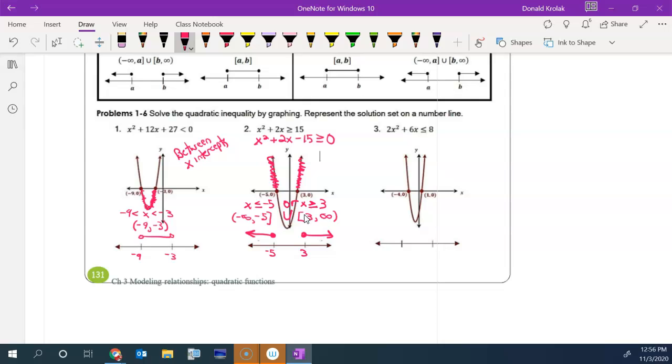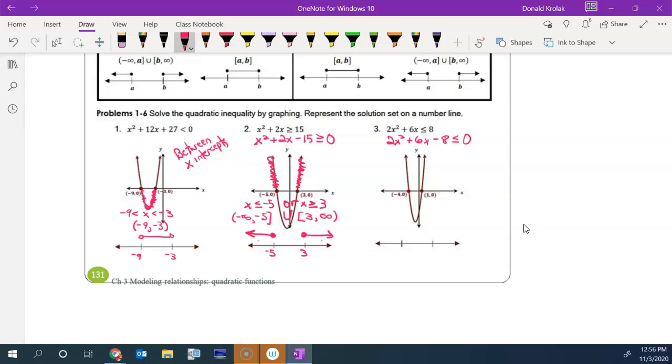All right, so this one, we got to move the 8 over. Less than or equal to 0. And Rachel, are we going to find the negative part of this graph between the x-intercepts or outside? So we're looking for the part of this graph where the y values are negative.